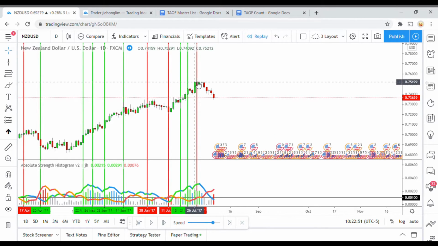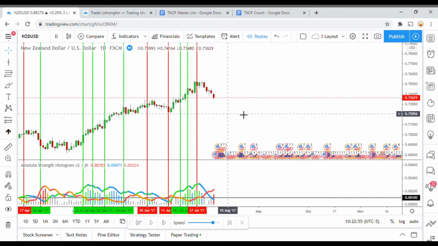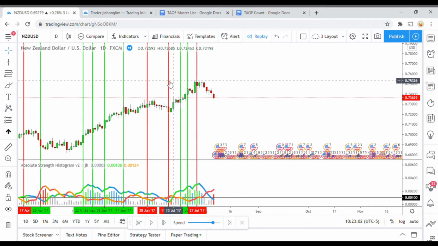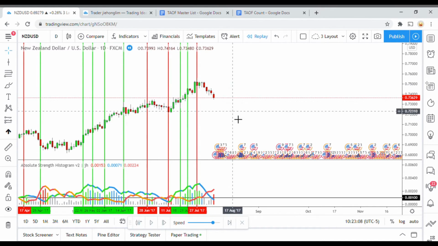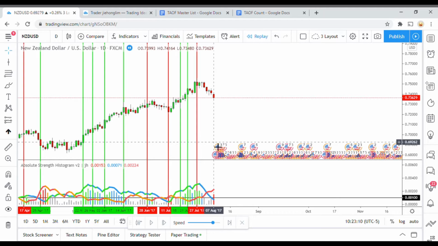You see here that the majority of the losing trades are right at the top of these moves. I have a feeling that we could find another indicator that would tell us when we are overextended in the move itself, therefore keeping us out of areas where it's likely to reverse on us.